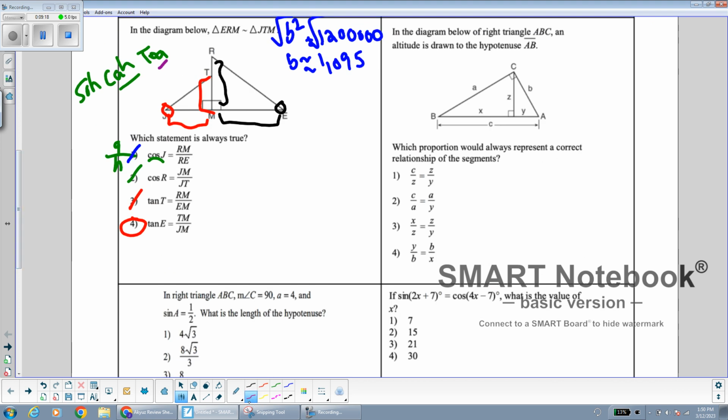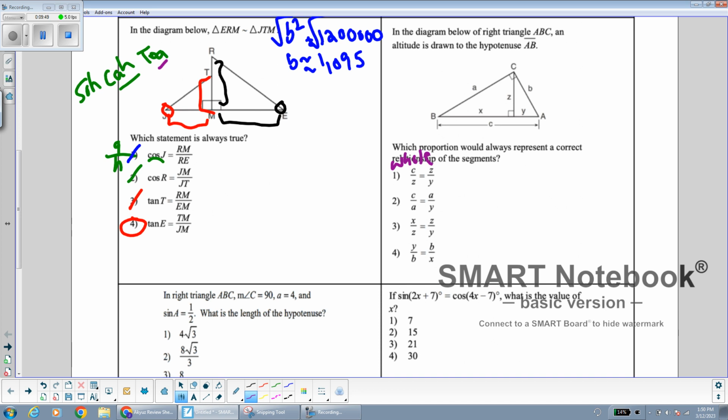Okay, let's take a look over here. Which proportion would always represent a correct relationship of the segments? So we have to think about the leg rule, the altitude rule, because I see a big right triangle with an altitude drawn to the hypotenuse. So that tells me leg rule or altitude rule, right triangle altitude theorem whenever you see this diagram. So let's check it out. C, that's the whole hypotenuse.